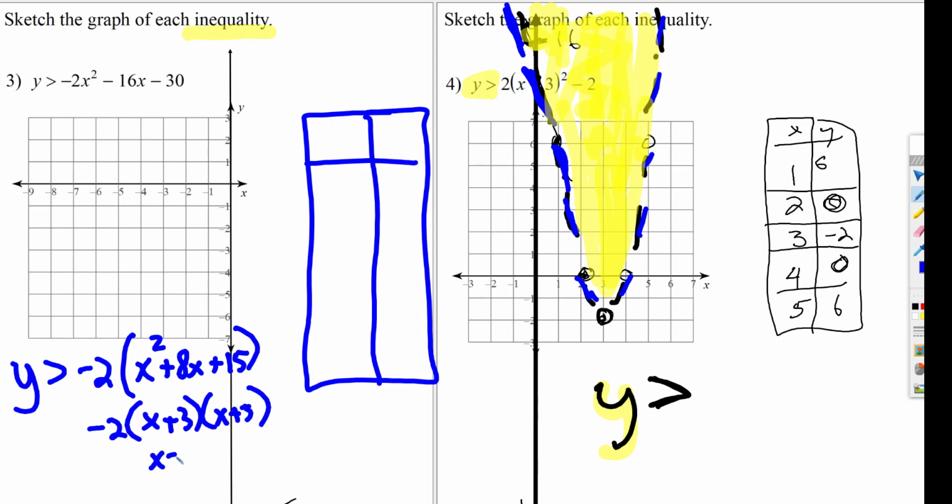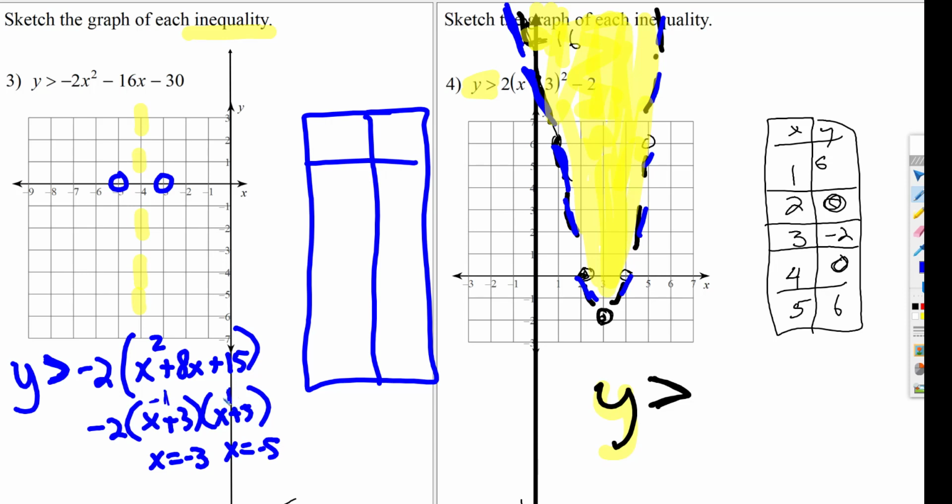So now this x will equal -3. This x will equal -5. Oh, also dashed line, hollow dot, because of this inequality sign. So -3 and -5. So that means we can try -4. So if we put negative 4 in here, negative 4 plus 3 is negative 1.